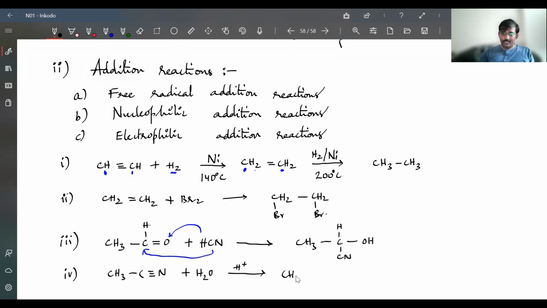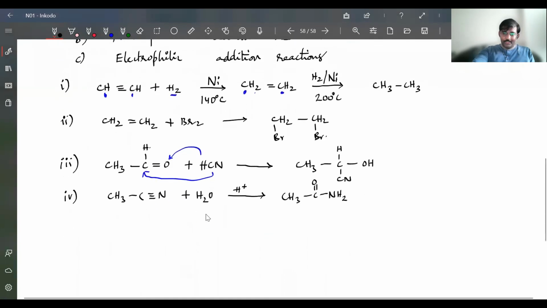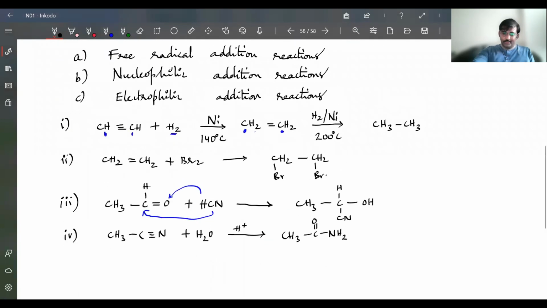Generally it will come out as CH3CONH2. That means in H2O, we are attaching OH groups on the carbon, and nitrogen will be attached with hydrogens. So it will become acetamide, and if you continue that process, that will also become acetic acid.